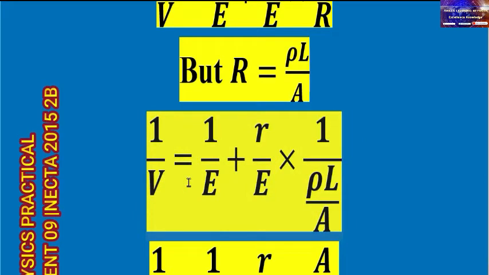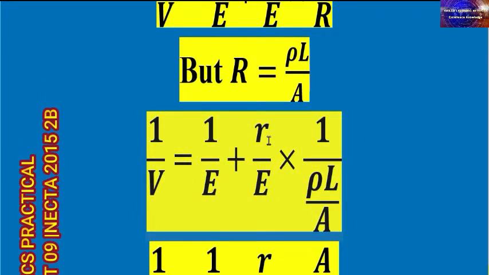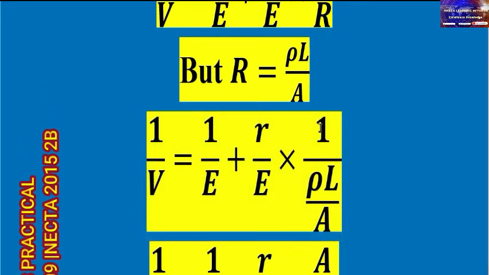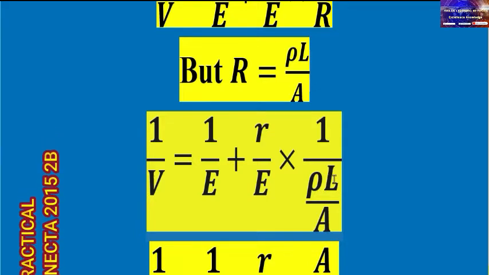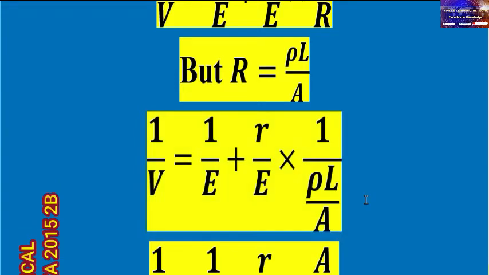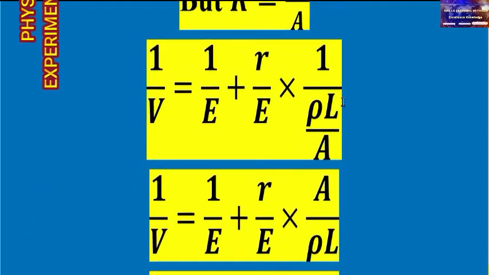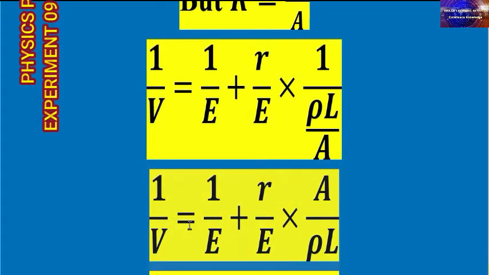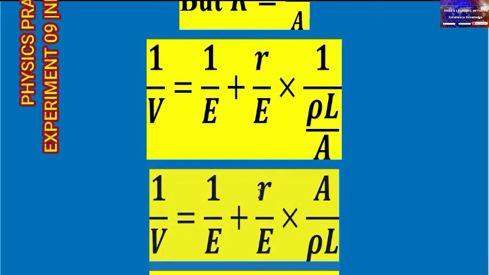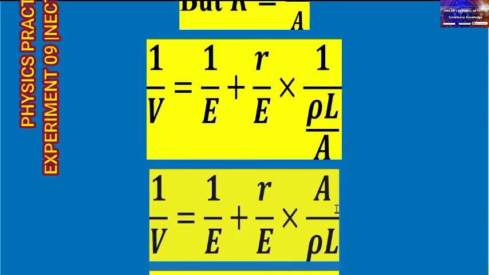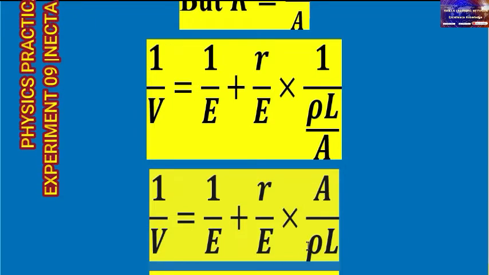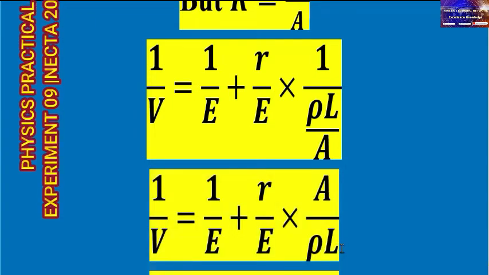So 1 over V is equal to 1 over EMF plus r over E times 1 over (resistivity times length over cross-section area). Then this one will be multiplied, so it will be 1 over V is equal to 1 over E plus r over EMF times area over resistivity times length.